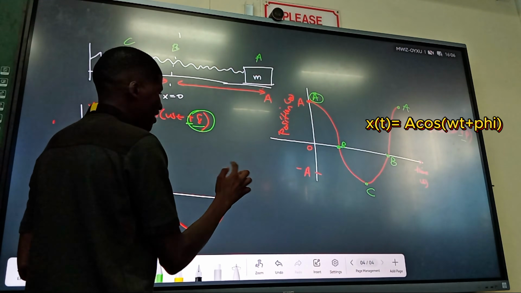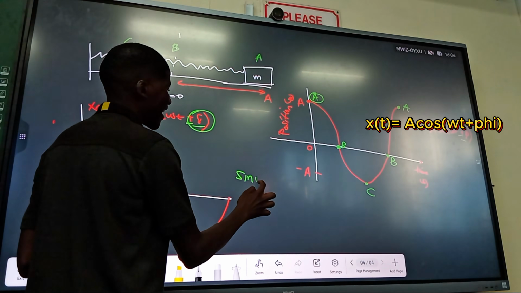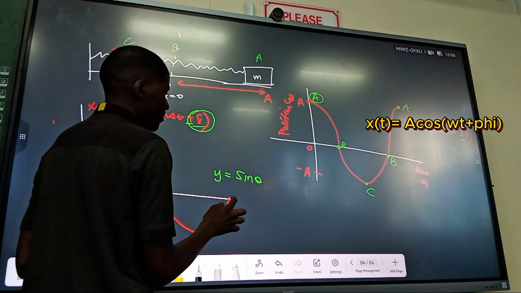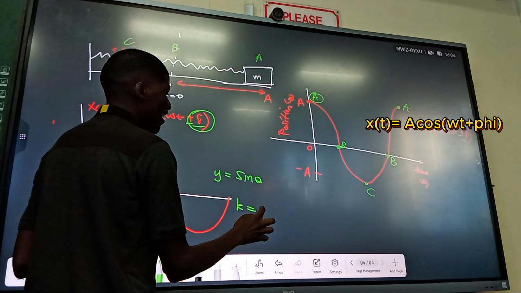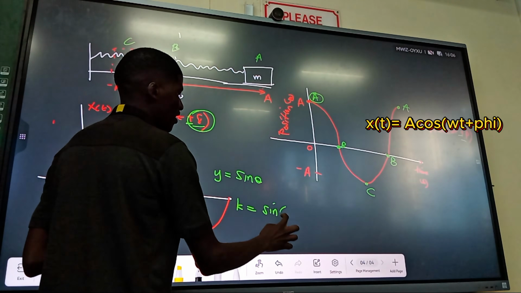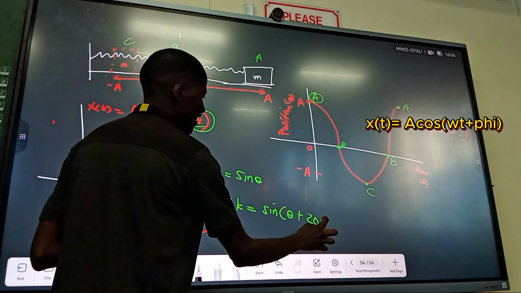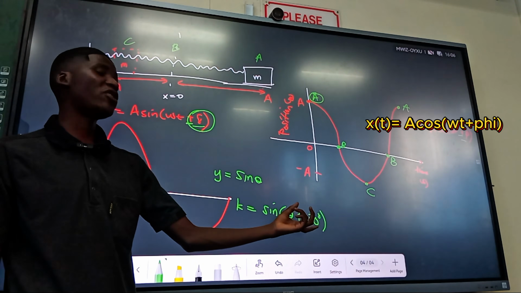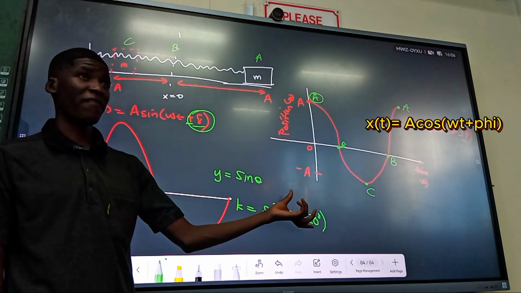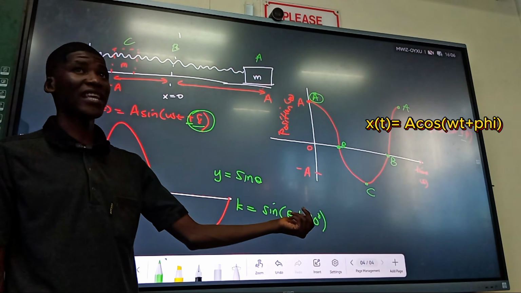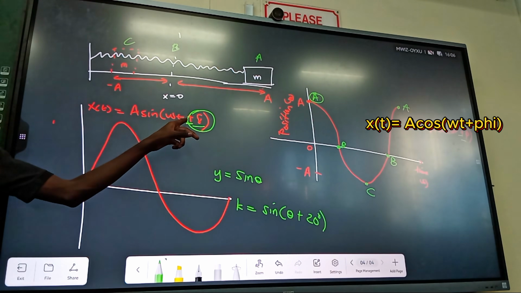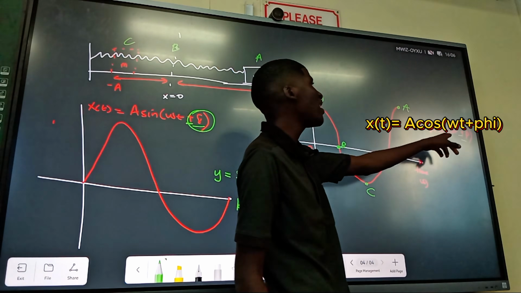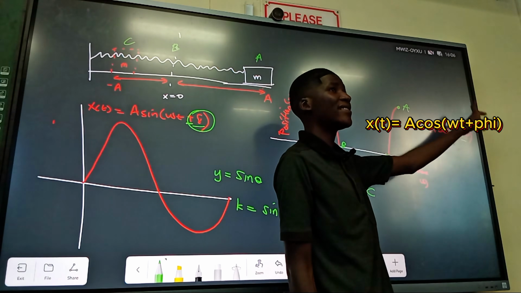Remember, for a trigonometric function, if you have y equals sine theta, and then y equals sine of theta plus 20 degrees, you have shifted y by 20 degrees to the left. And plus is to the left. So the phase angle just tells you that you have shifted towards the left.